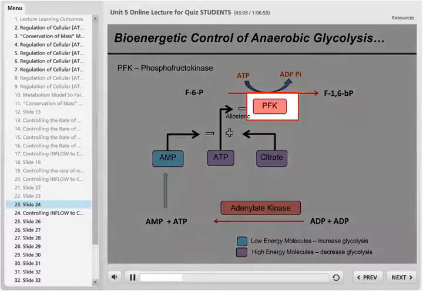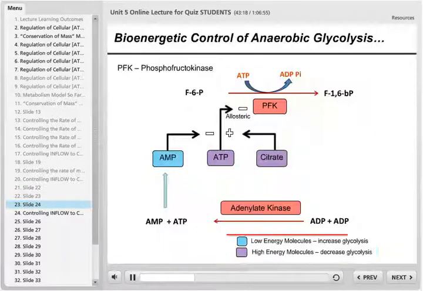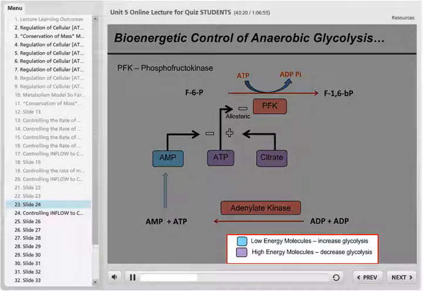Okay, so how is this enzyme that catalyzes this irreversible reaction controlled? Again, we look to what are low energy molecules and what are high energy molecules.